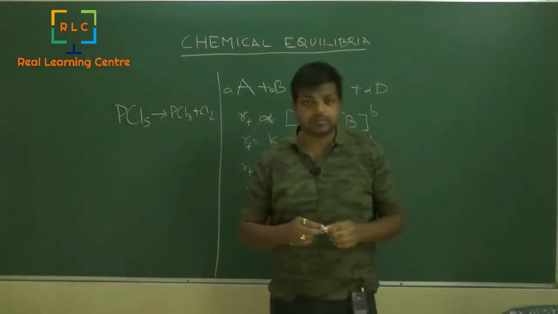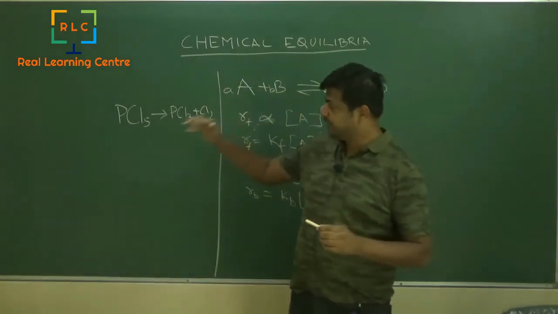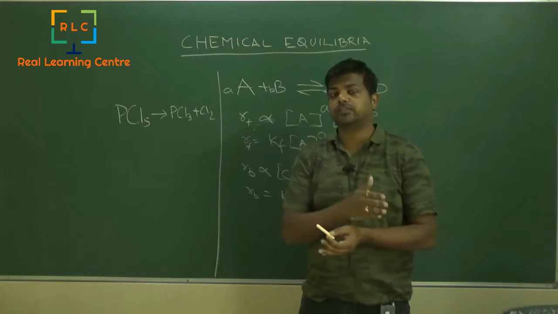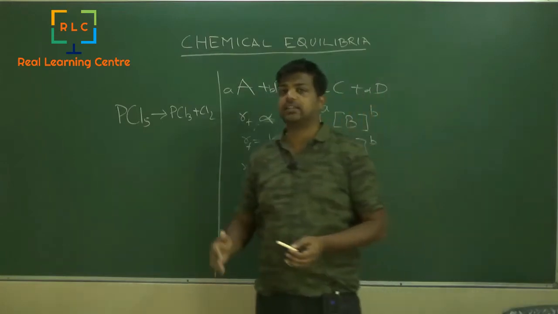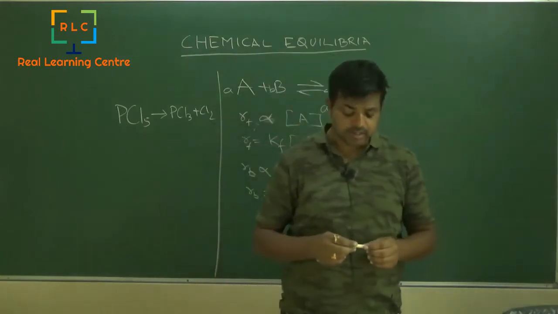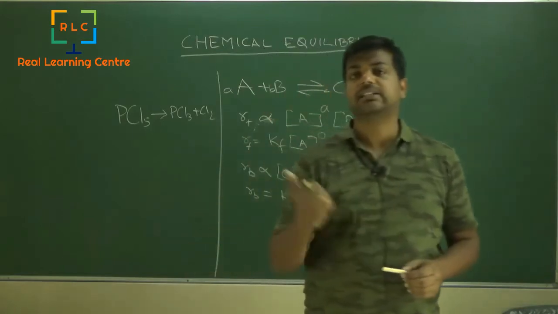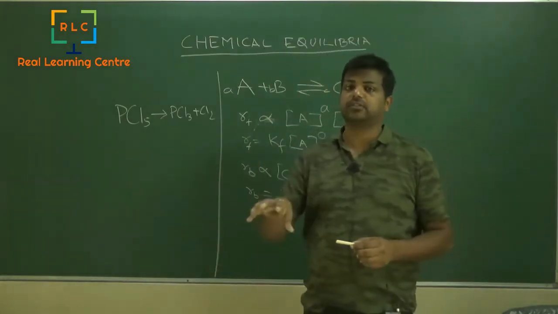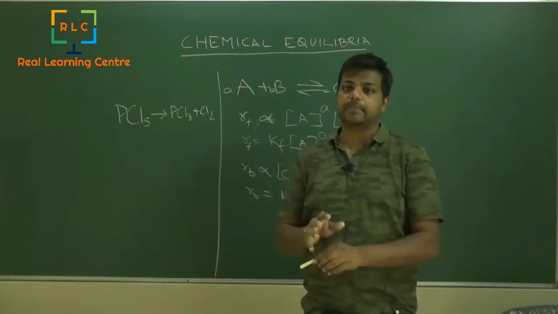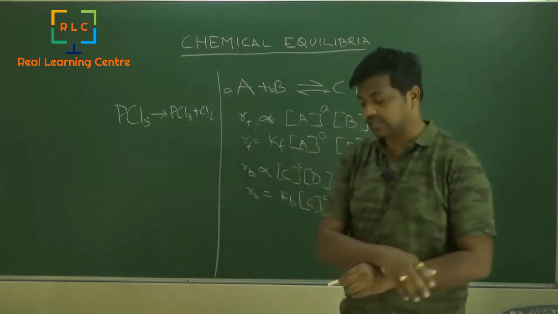So this is a reversible reaction. The forward reaction would mean phosphorus pentachloride disintegrating to give you phosphorus trichloride and chlorine. The backward reaction here would mean chlorine and phosphorus trichloride combining back to give you phosphorus pentachloride.